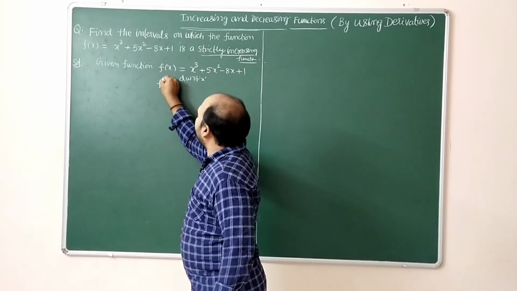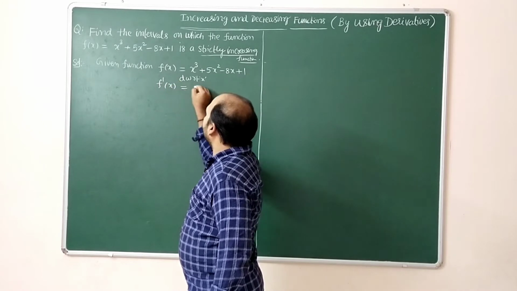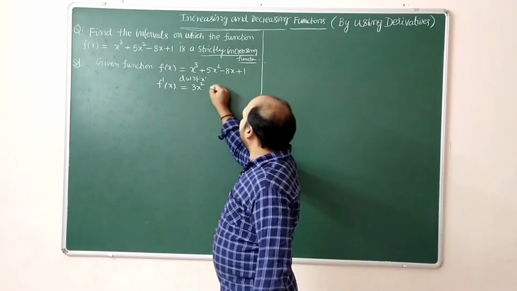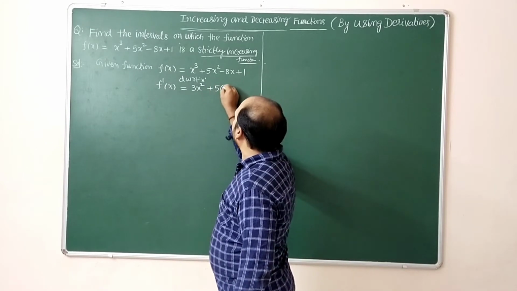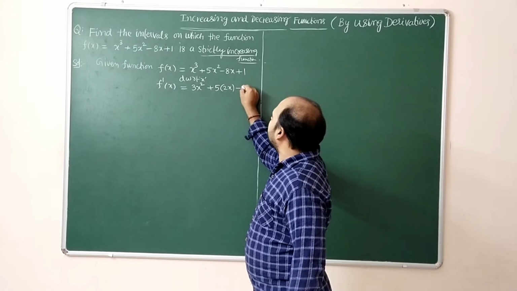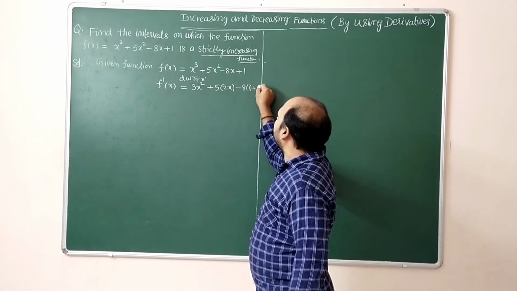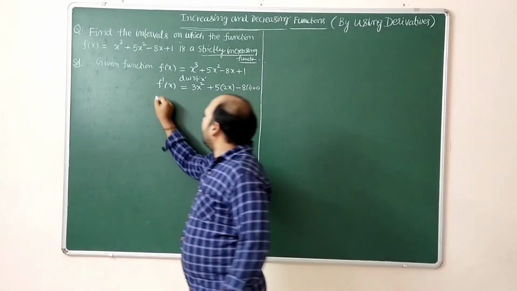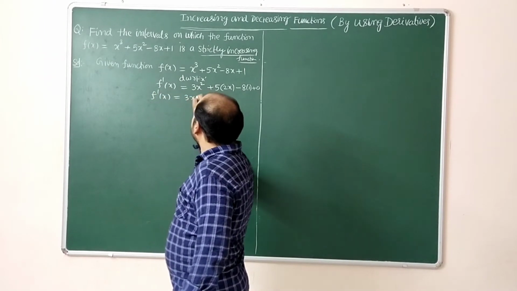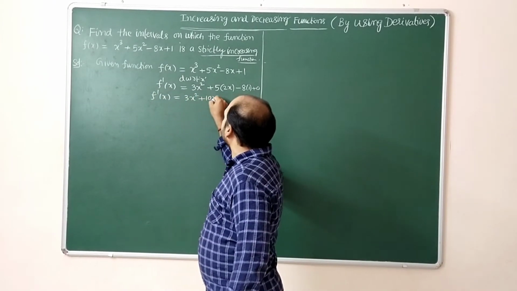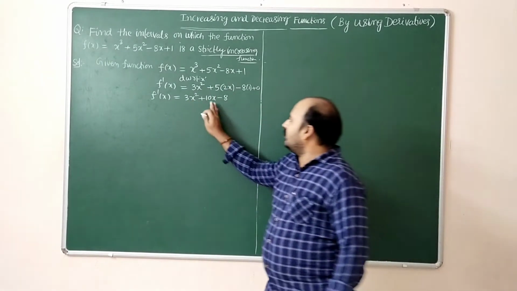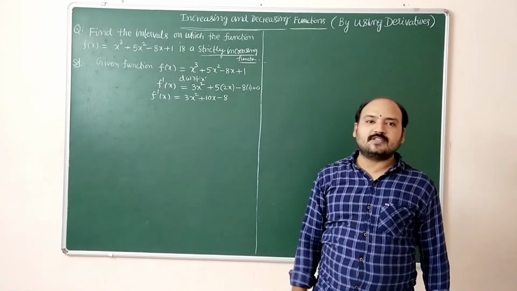So f dash of x is equal to x cube derivative is 3x square. 5x square derivative is 5 into x square derivative is 2x. Minus 8 into x derivative is 1 and constant derivative is 0. So f dash of x is equal to 3x square plus 10x minus 8.